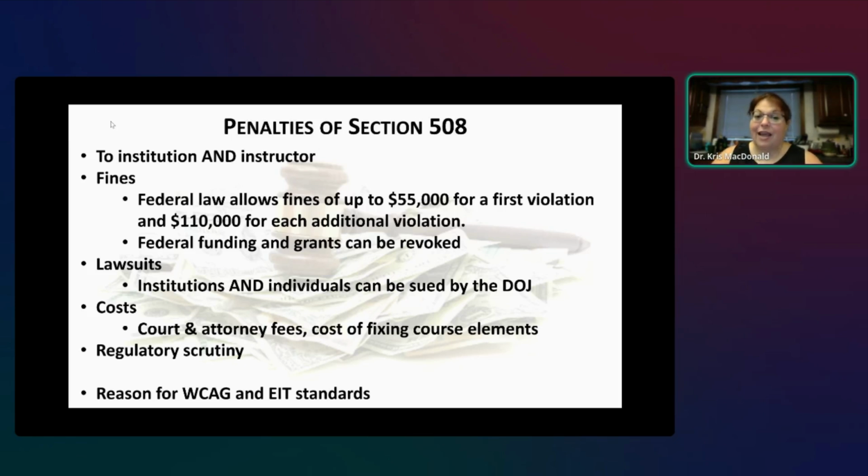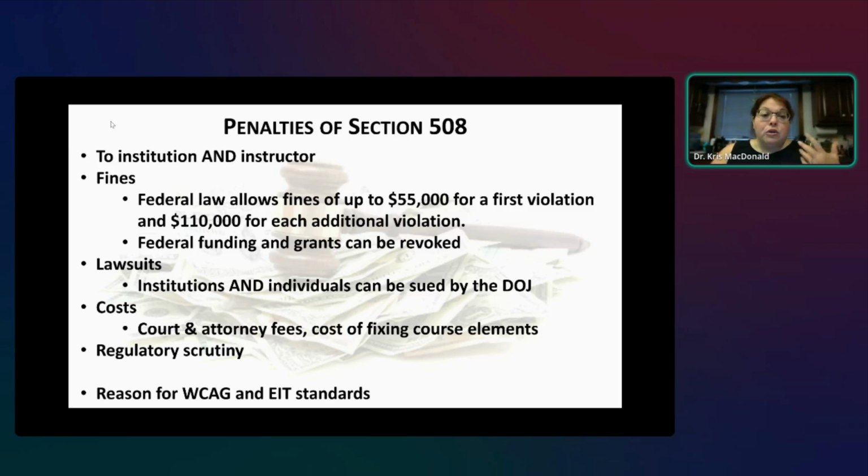And in this one, federal funding and grants can be revoked, which again, I don't know about other countries, but in the United States, higher education, businesses, corporations, they use a lot of federal funding and tons of grants, especially nonprofit. So the Alzheimer's Association, the Autism Association, all of those not-for-profit associations, those were just the first two that popped in my head because I'm living in the A's apparently today.